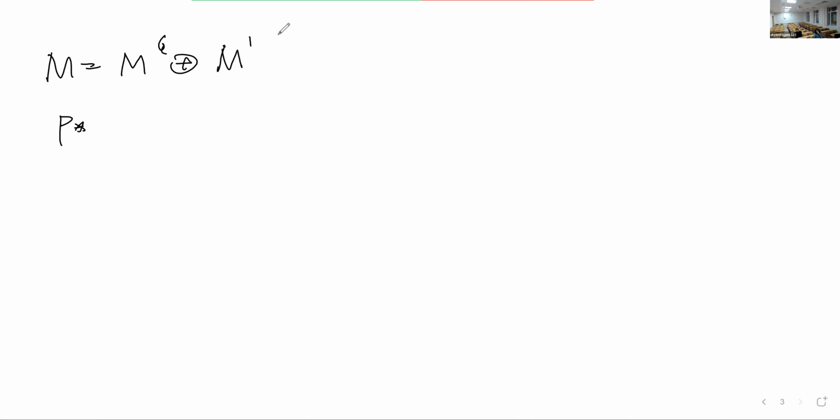the direct image of the trivial module on EG.